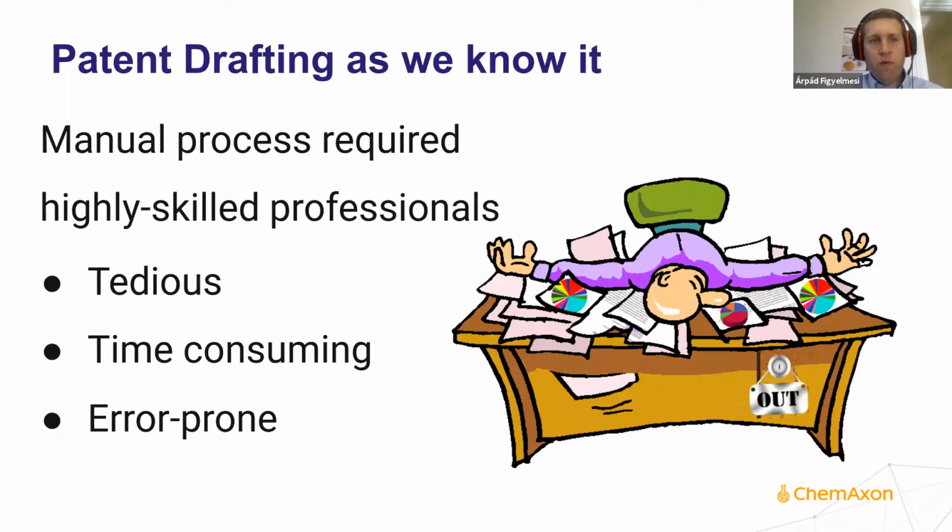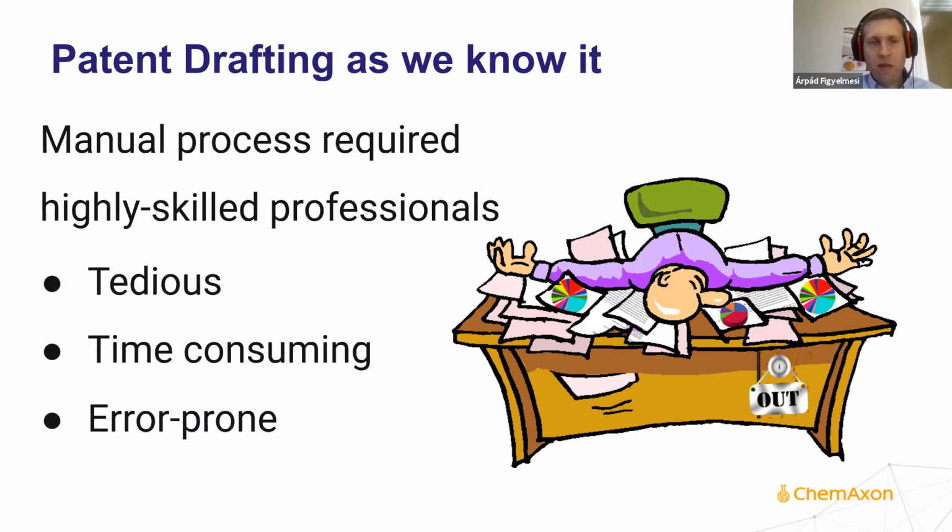Today, I want to focus on writing chemical patents and drafting claims. As we know, today this is a manual process, requiring highly skilled professionals. And as illustrated in this image, it's quite tedious, time-consuming, and error-prone.